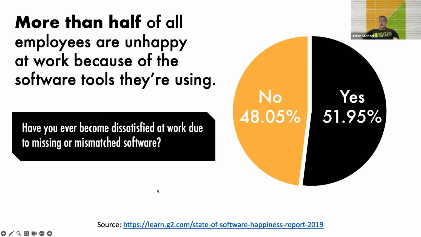So that's quite an alarming stat. More than half of employees are unhappy at work because of the software tools they're using. So obviously that is something that can be improved if you do have the right software, and hopefully we will show you that Better Impact is that right software for you.